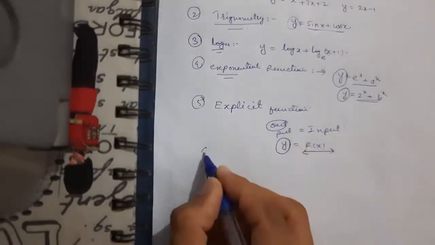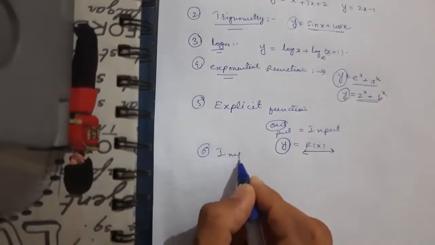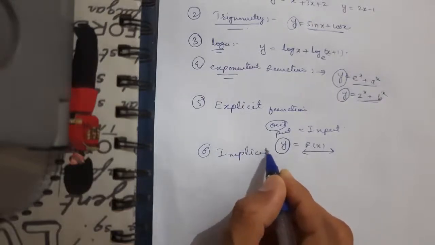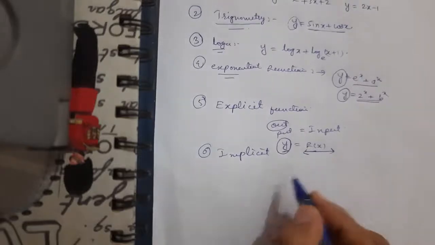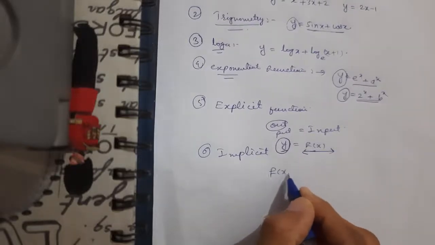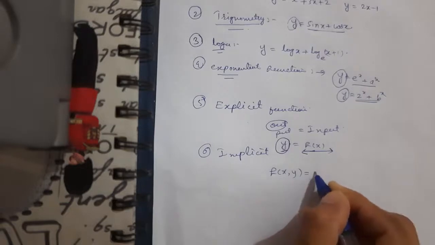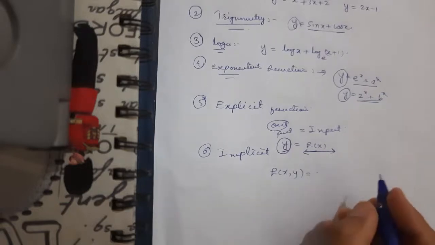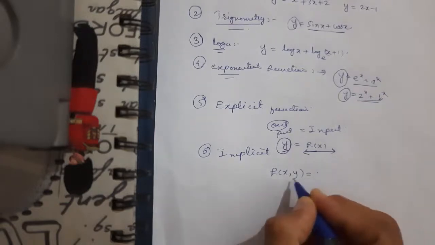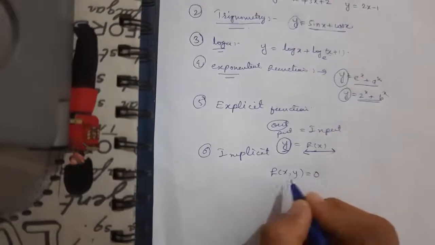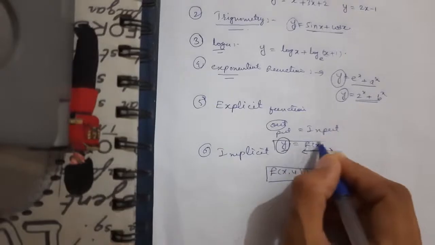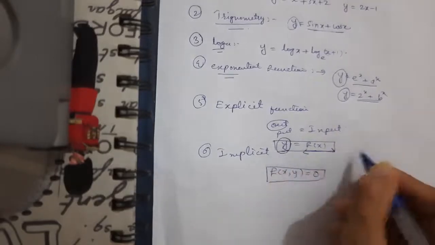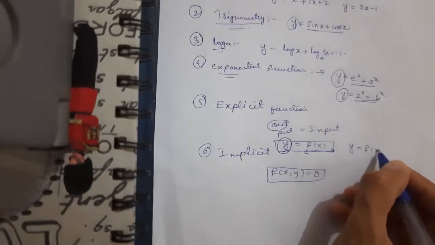On the other hand, the implicit function is more difficult. An implicit function is where you cannot have separated output and input. So it is written as f of x,y equal to 0. Okay, this is the standard form of an implicit function, and this is the standard form of an explicit function, y equal to f of x.